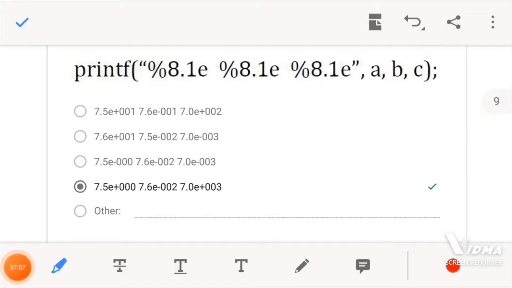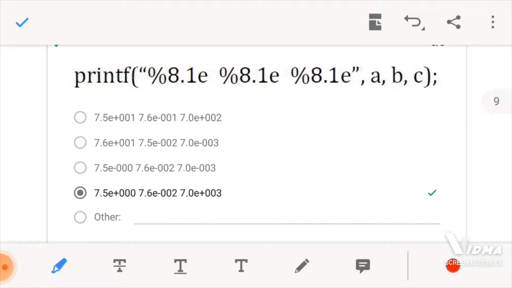Okay, so now for this part of the question, for our first exponential value, we realize that all the exponents here have 3 whole numbers. So let's say it's represented as such: e plus or minus 0, 0, 0.